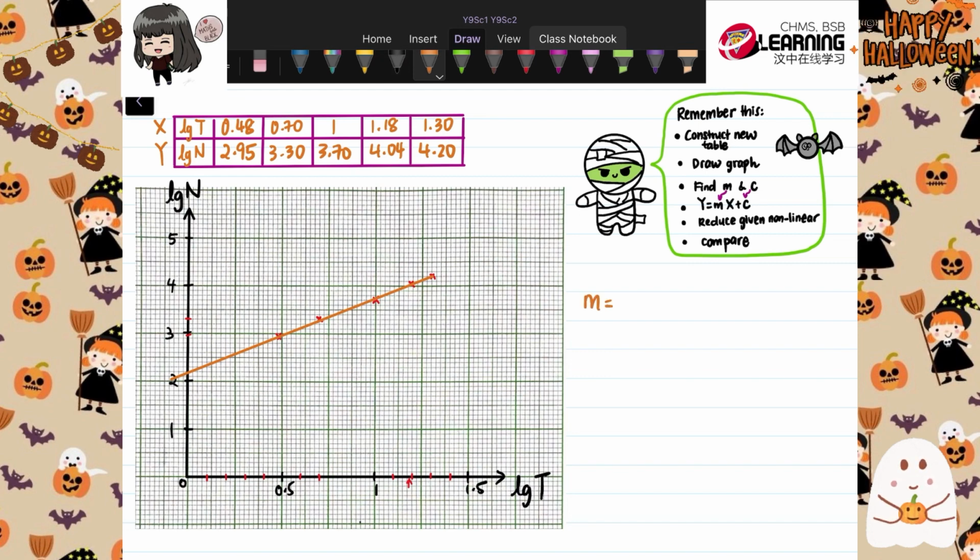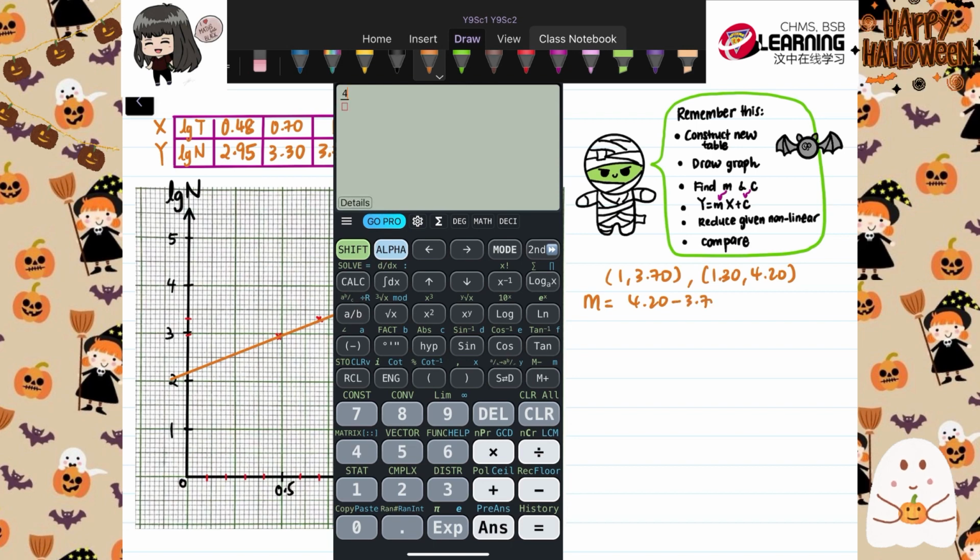So I'll find my gradient. I choose 3.7 because I like the number 1, not much decimal place. Another one more, maybe this one 1.3 and 4.20. So I use 4.2, y minus y over x minus x.